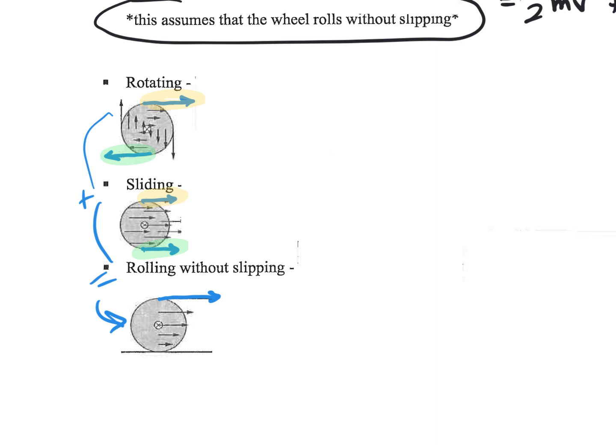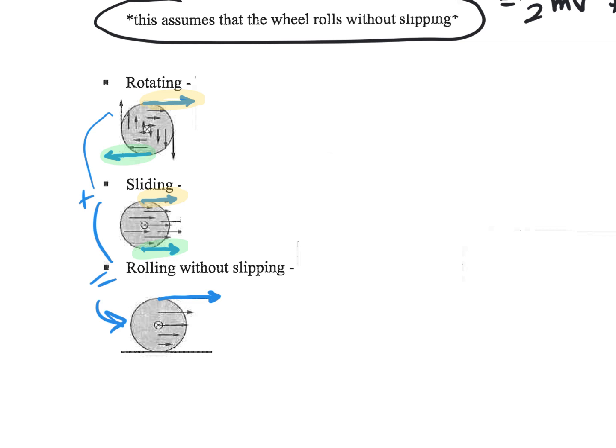And remember, with the tire, you get that contact between this and this, which cancels out the sliding. And then you get the build up of extra force here, which causes it to continue to rotate forward.